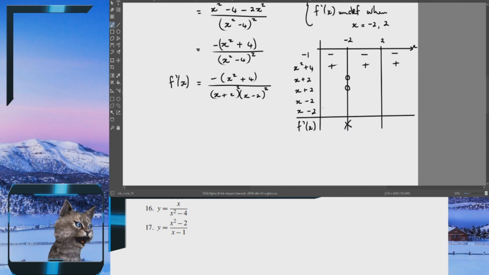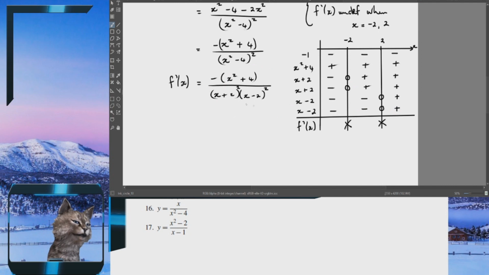It's going to go from negative to positive. X minus 2 is 0 when x is 2. And it's also in the denominator, makes the derivative function undefined. It's also going to go negative to positive over its 0.